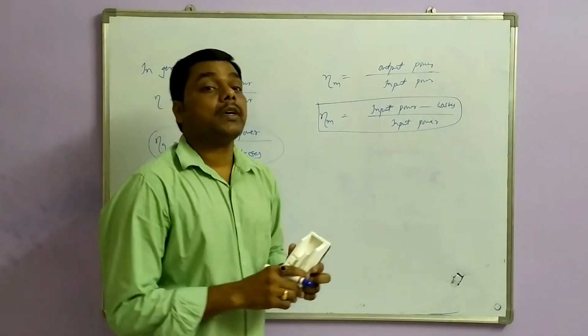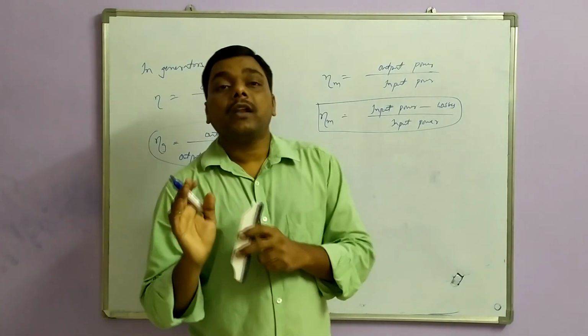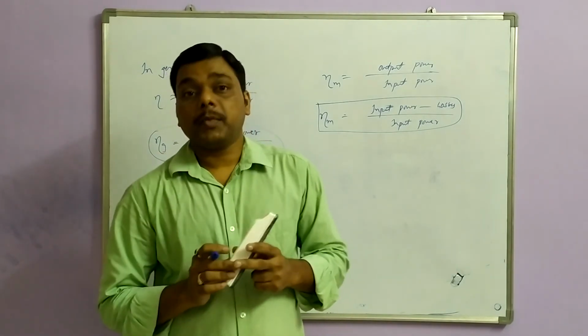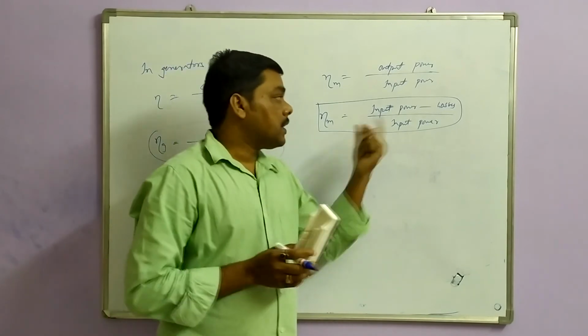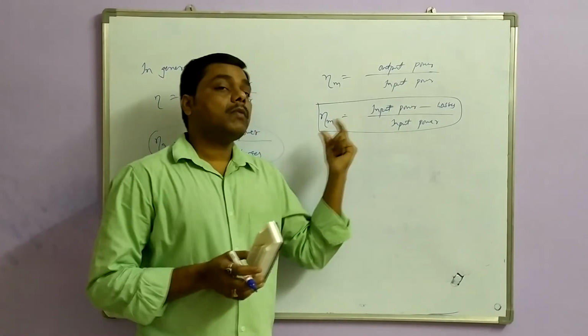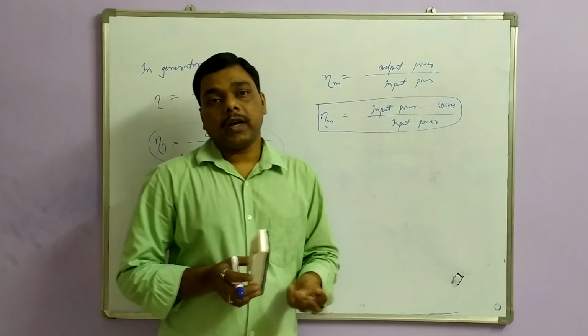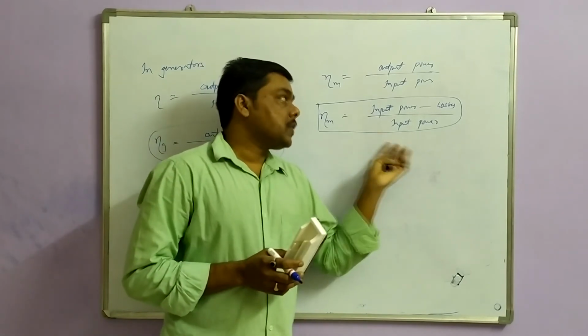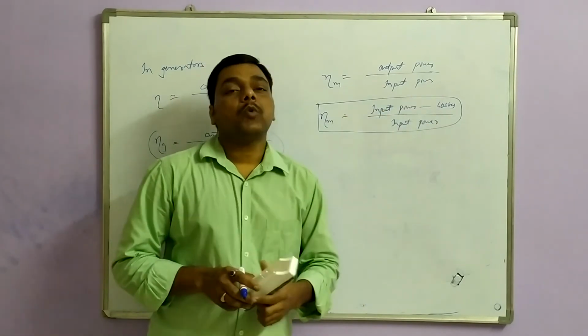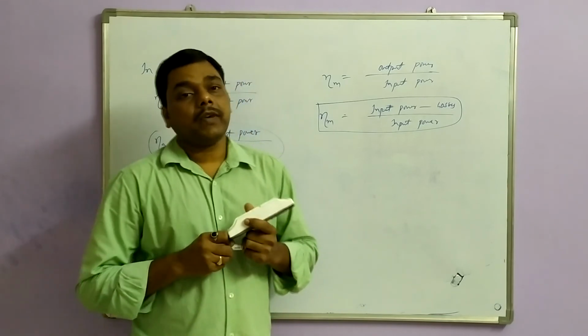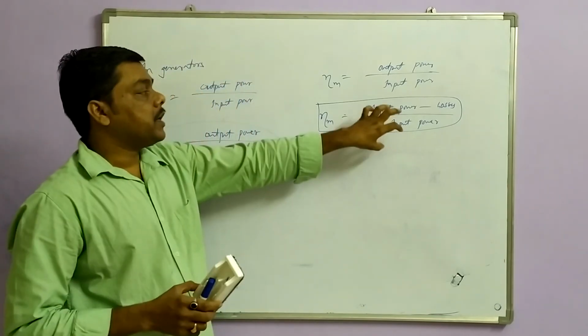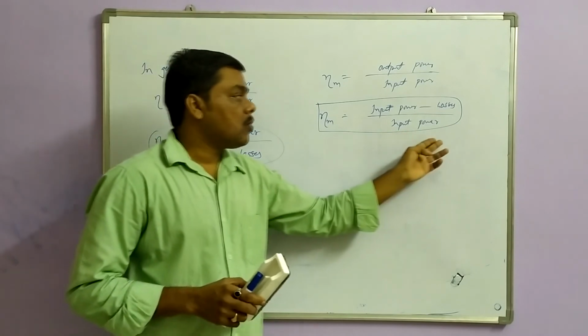Now in this way we can calculate the motor efficiency directly. The output power, until the speed, angular speed or RPS speed is given, only then we can calculate. Otherwise input power, input voltage or input current is given, load current, so we can calculate very easily the motor efficiency. That's why it is better to follow the input power minus losses by input power.